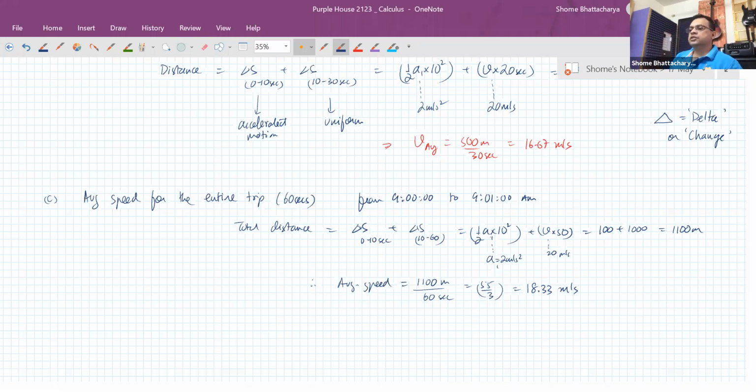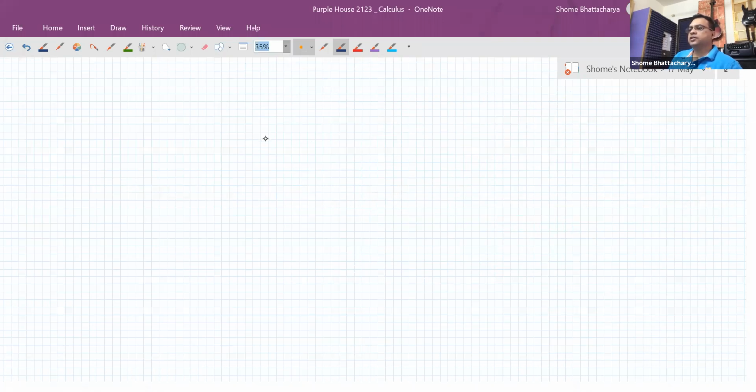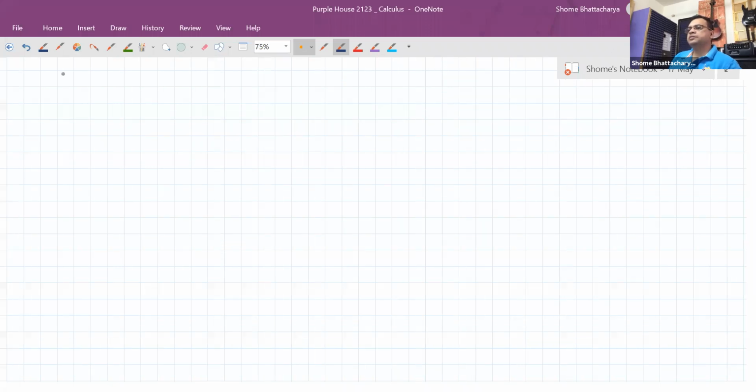All right, so this was an example of calculation of average speed, where, just to repeat what we've learned about average speed, it is the total distance traveled in a certain interval of time divided by the time interval.